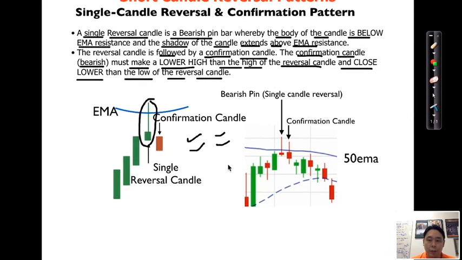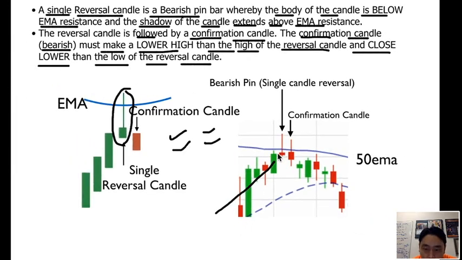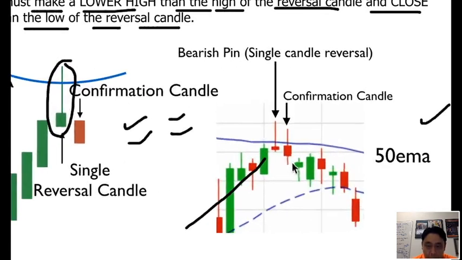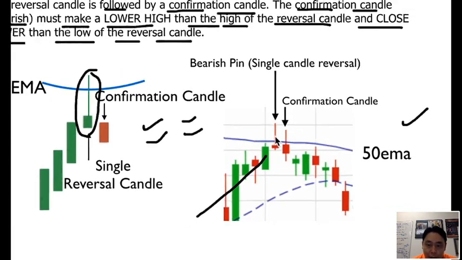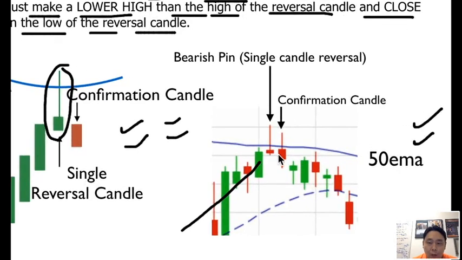So take a look at this chart over here. You can see it retraces and we have a bearish pin bar. So, is it a reversal candle? Is the body below the moving average? Yes, check. Is the upper shadow cutting the moving average? Check. Is it followed by a confirmation candle?